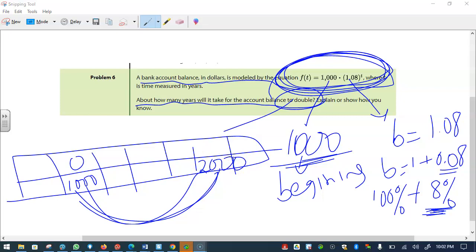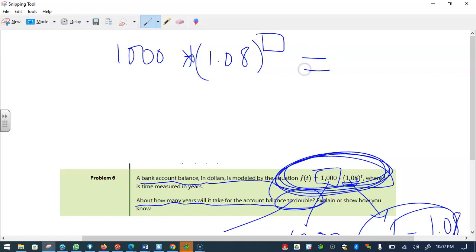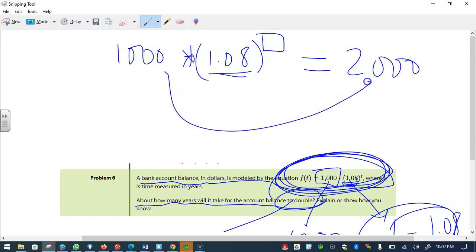One way is, okay, the growth factor is given as this number, right? So you had 1000 before, so 1000 times 1.08. You're asking how many of those will give you 2000. You go on multiplying this and see how it works.